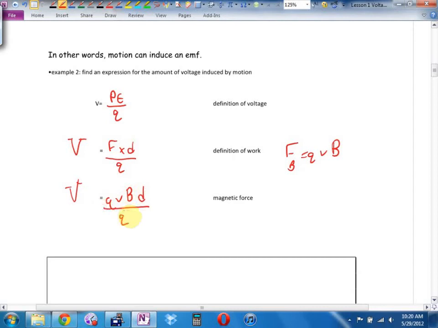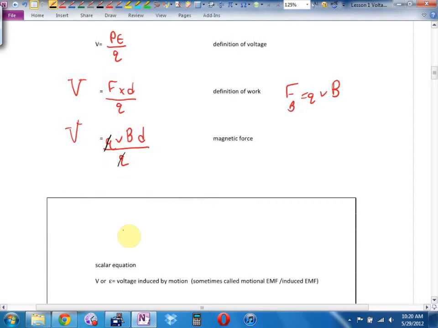And now you'll notice once again I'm putting wings on my voltage because I've got V voltage and V velocity. I don't want to get it mixed up. Uppercase V and lowercase v. Hey, what do you notice about the Q's? This is going to give us our equation for voltage.